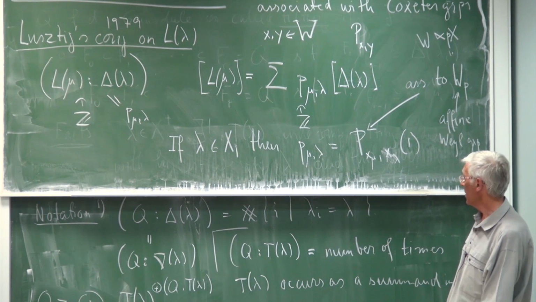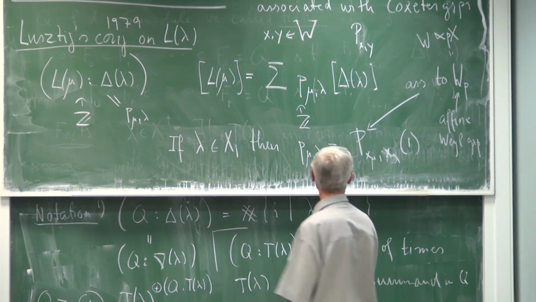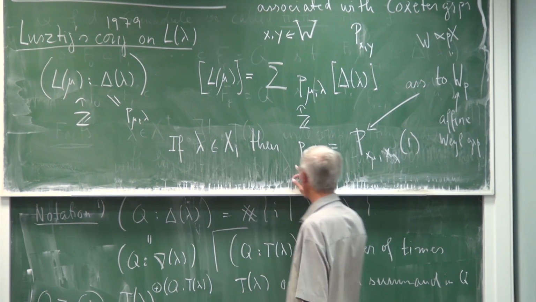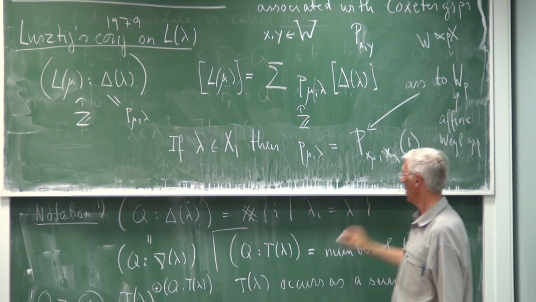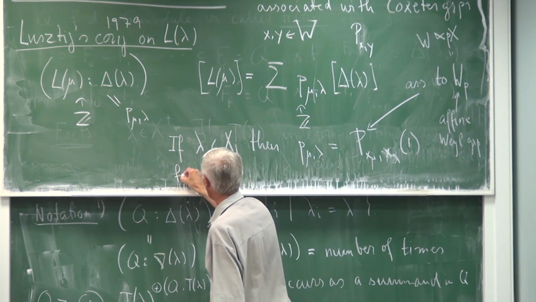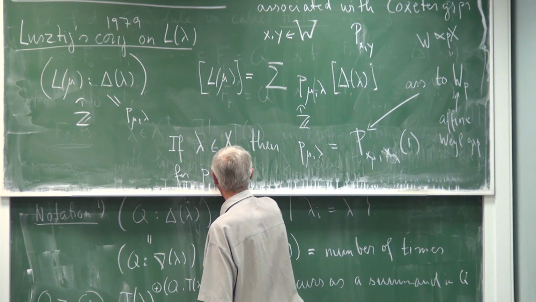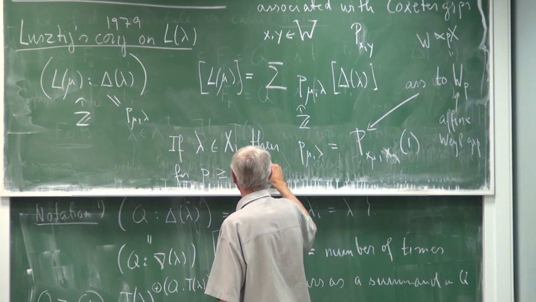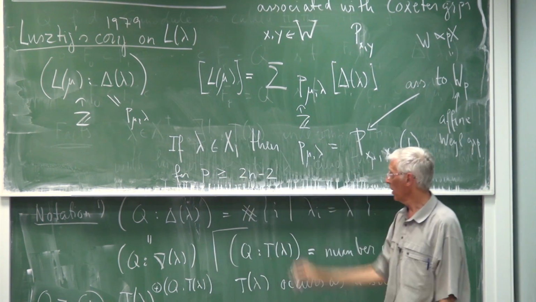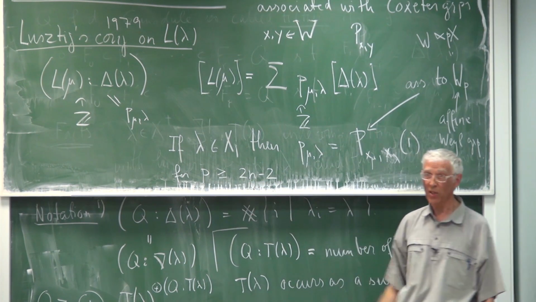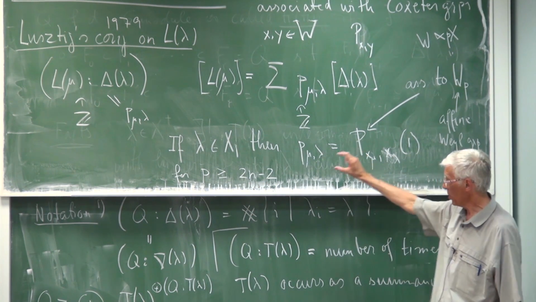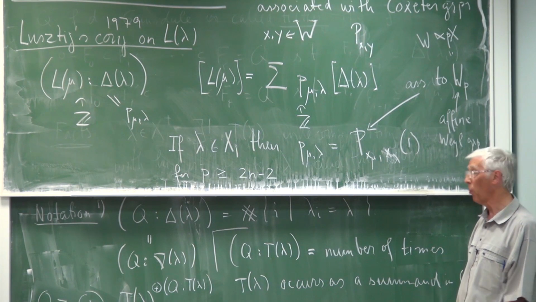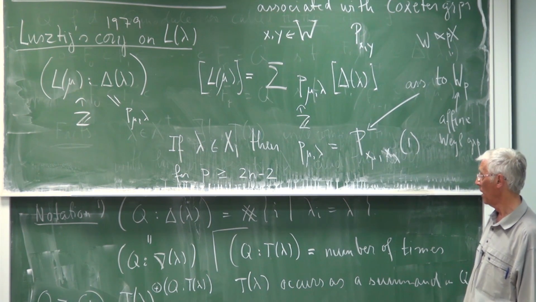There is one thing which I should have mentioned when I stated the conjecture. He requires p to be bigger than 2n minus 2. In general, 2 times the Coxeter number minus 2. So there are some exceptions for the small primes, which he was aware of.